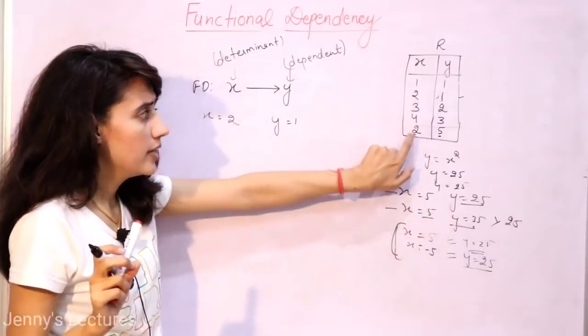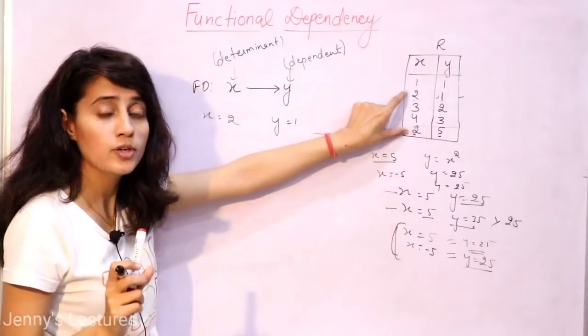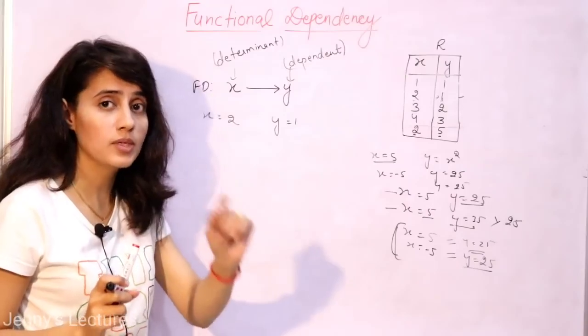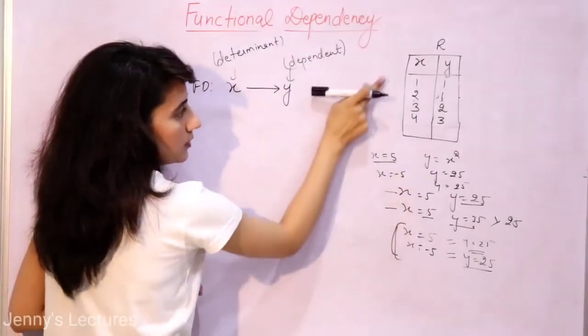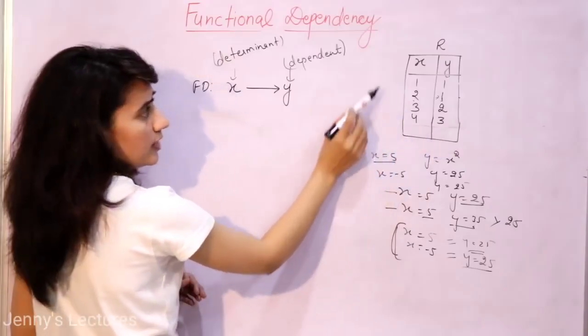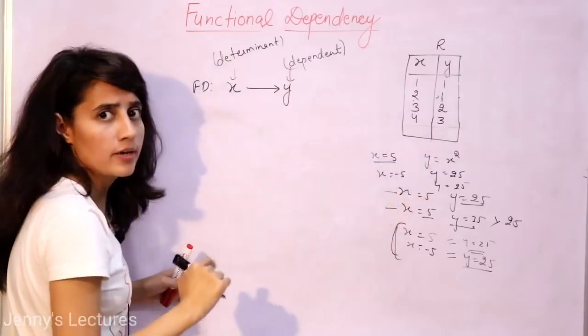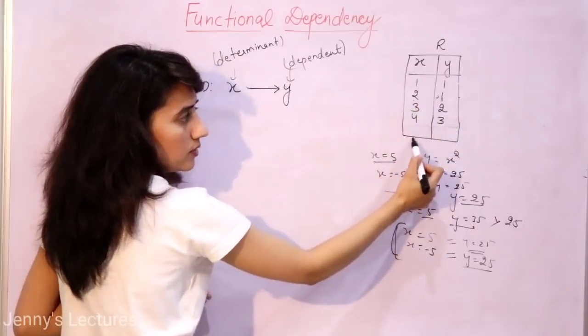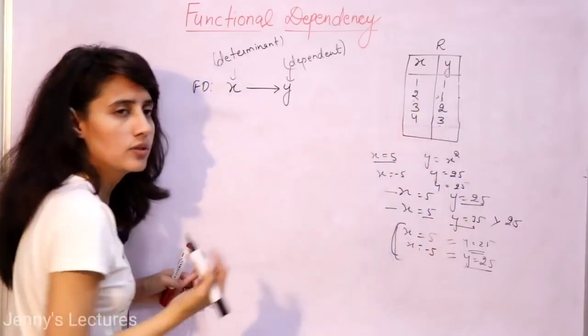If x value is same in two rows or in two tuples, then y value must be same. Now see, this table is there, I have removed that row. Now if I say x value is 4, tell me the value of y. Can you tell me? Yes, x value 4. No repetition of 4 is there in this x, so I can tell y value is 3.